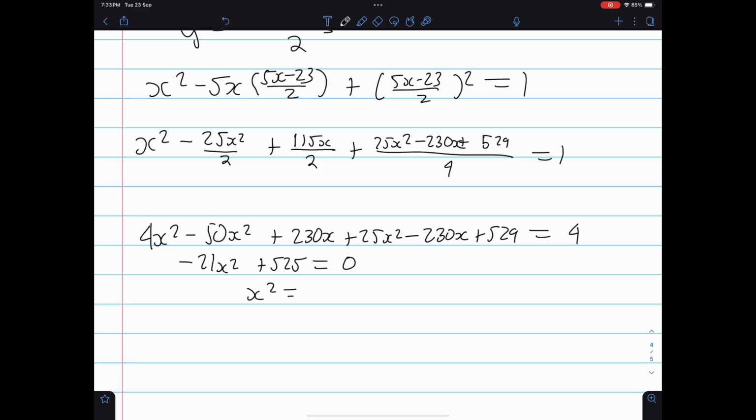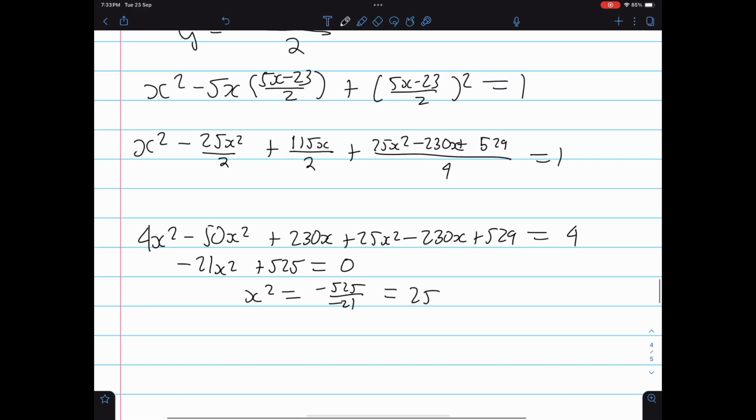So x squared will just be equal to minus 525 over negative 21. So that's just 25. So x will either equal 5 or x will equal minus 5.